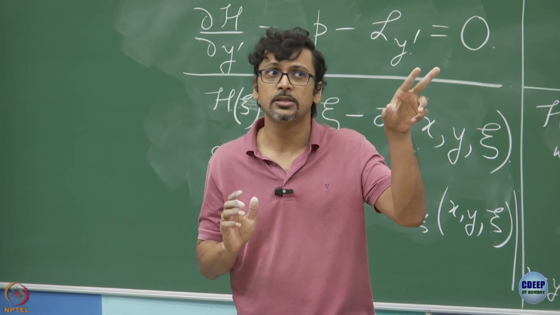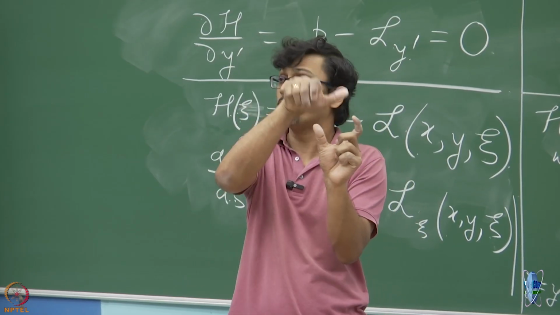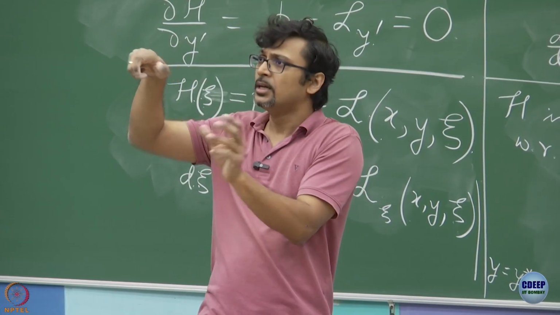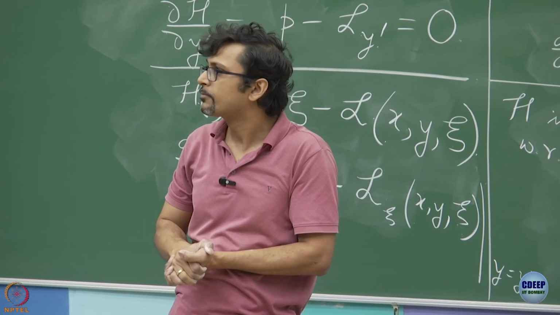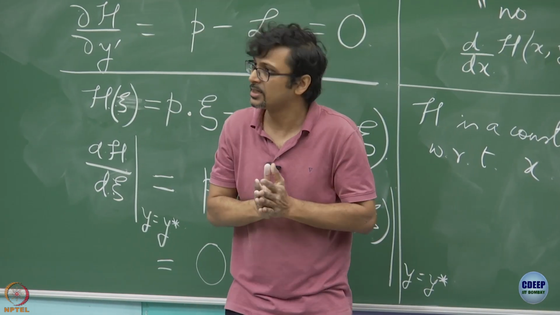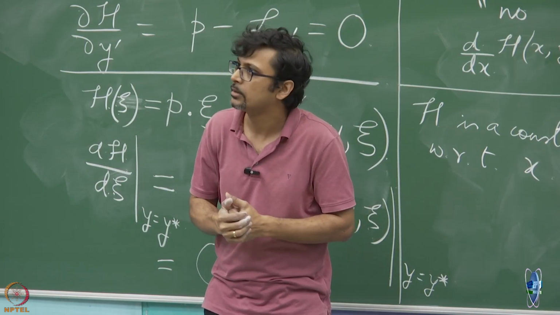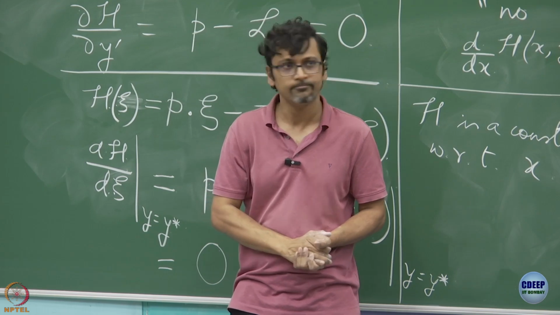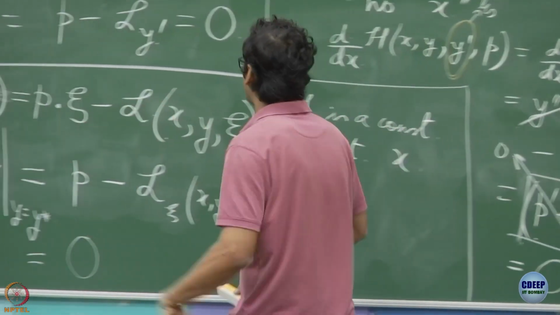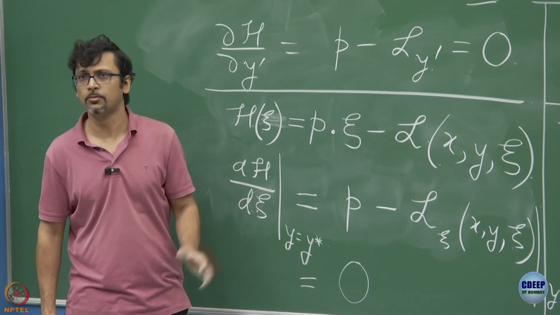Remember the one norm, the difference between two functions in the sense of the one norm is essentially the max of the magnitudes of the function plus the max of the derivatives of those functions. So it's not a very rich class of perturbations over which you are considering the setup. In fact, it's nowhere close to giving you conditions for the strong extrema, which only considers the zero norm. So this is just a hint or a teaser of things to come. We'll have much more to say on this maximum principle.